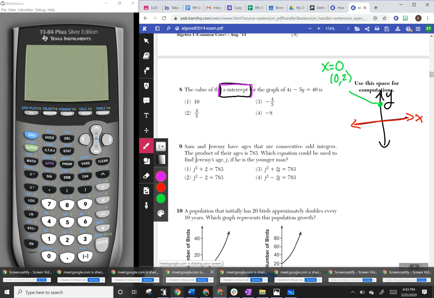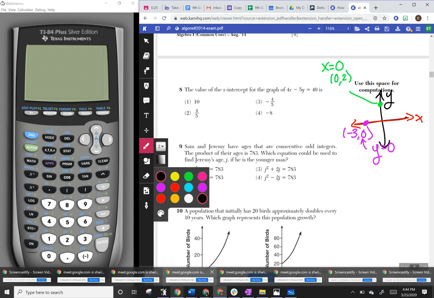Now an x-intercept is going to be the opposite. An x-intercept is when the point or the graph touches the x-axis, like that purple point I just graphed. Let's say that point is (-3, 0). For all x-intercepts, the opposite is going to be true: your y value is going to be 0. So all we need to do here is substitute 0 into y and then solve for x.